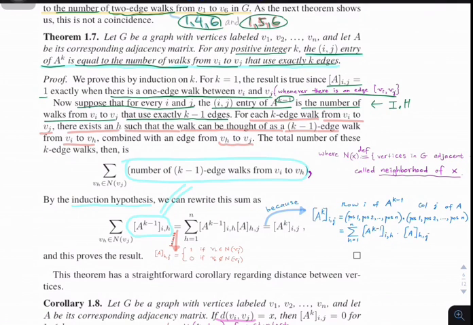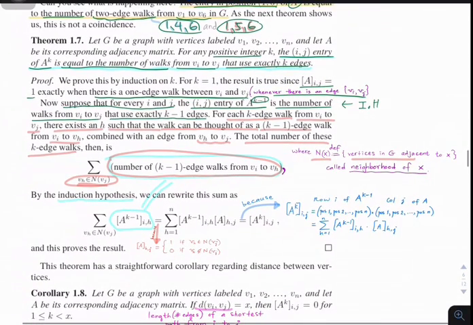So the total number of these k edge walks is the same as the sum of the number of k minus 1 edge walks from i to h, taken over all the vertices h in the neighborhood of j. Here the symbol N(x) is the set of vertices in G adjacent to x. This set is called the neighborhood of x.